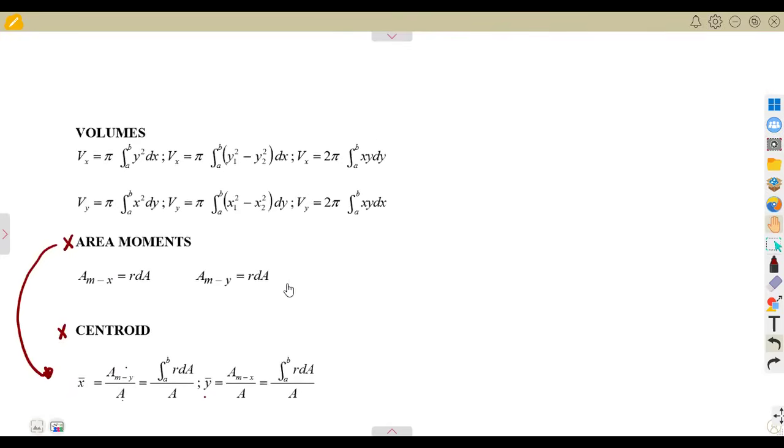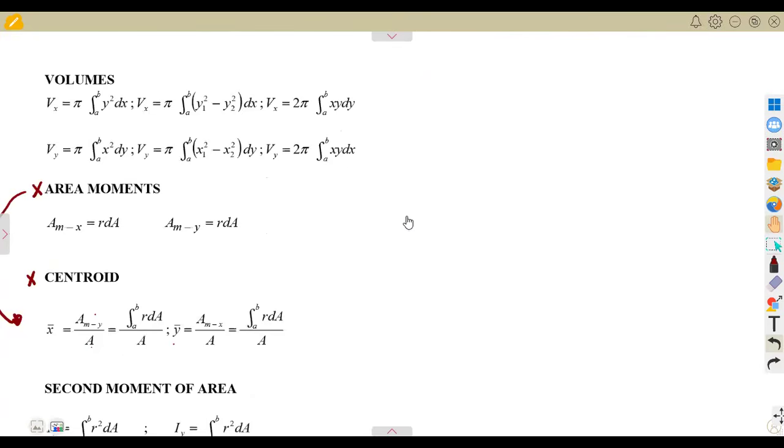Let's talk about this part here of the area. The area moment there is controlled by two things, which are r and dA, which is the area expression. You're going to see that the r we are having there is the most important one.